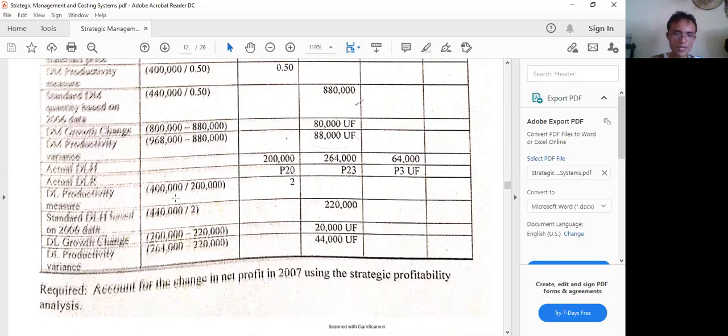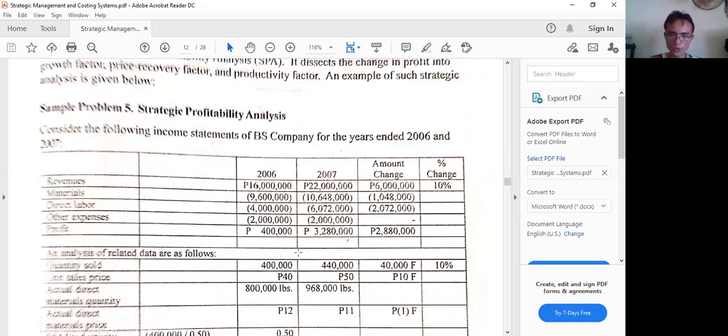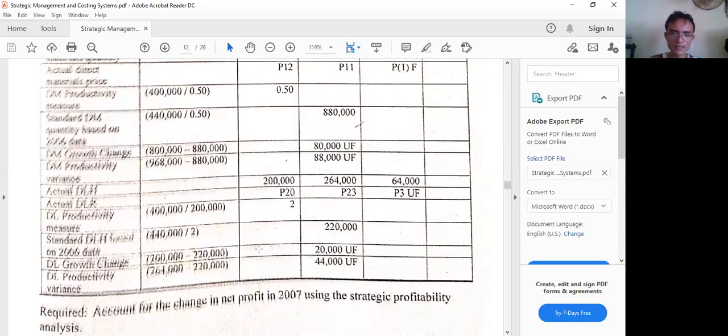And that's why here 400,000 quantity units sold divided by 200,000 equals 2. That's the measure. Then 440,000 units sold in 2007 divided by 2, that's 220,000 for 2007 based on 2006 data. 220,000 minus the previous year.